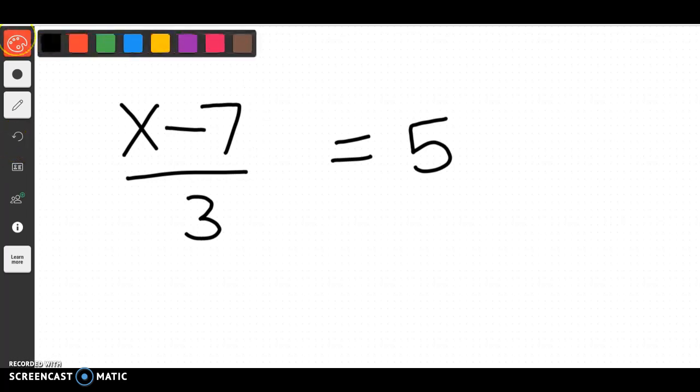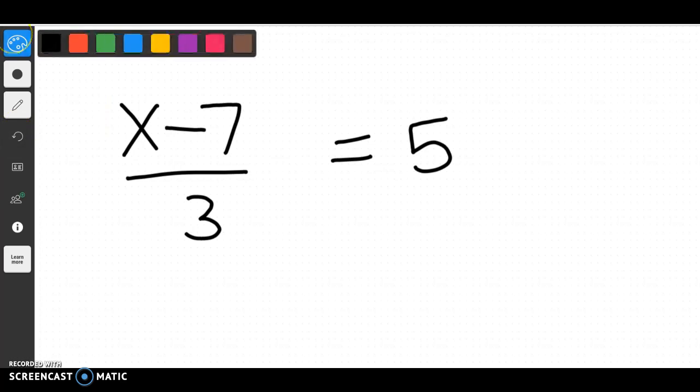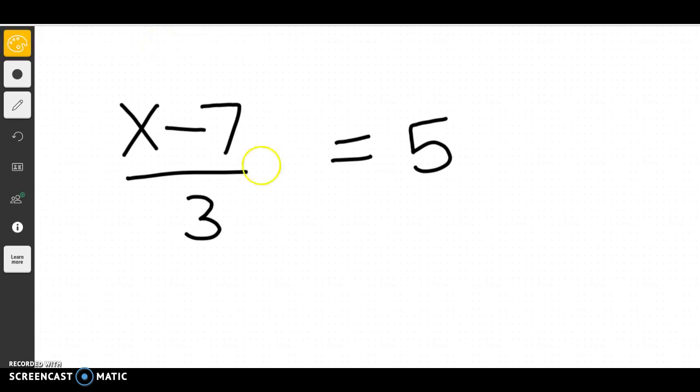Again, it looks like this. We have what I call fake parentheses because that division bar goes all over it. I like to think of it as the division bar blocking me from dealing with that 7. So we have to deal with the division first. How do we undo division?